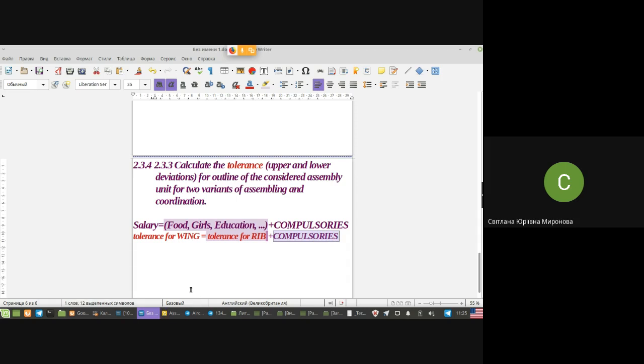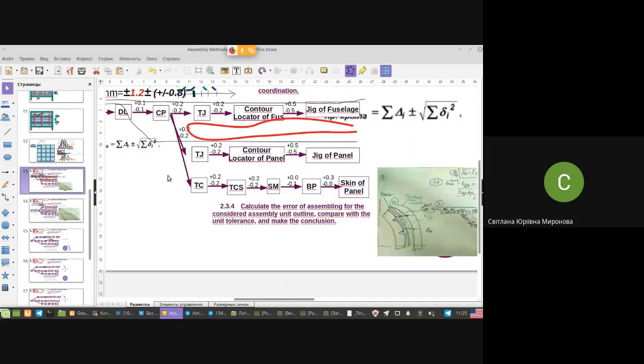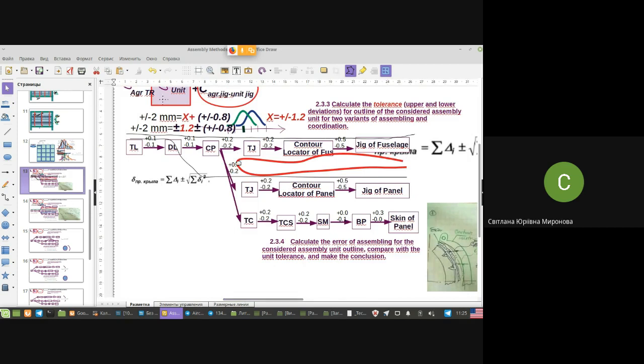And how to understand this difference between jigs? Write down the chain and calculate the difference between two chains here, the jig of the fuselage and the jig of the panel. Identify the place where they start to separate and use the probabilistic technique to calculate the difference.